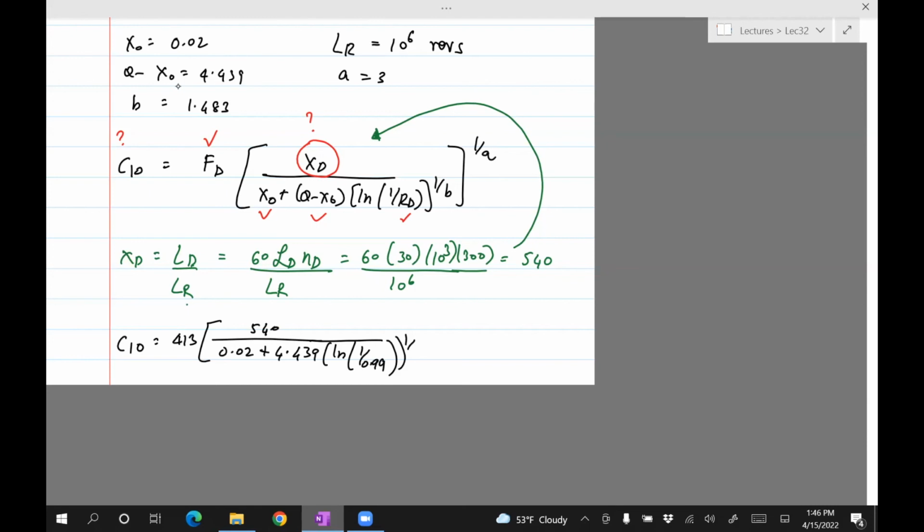B is 1.483. Then all of it raised to 1 over a. A is 3. If you do this calculation, you get C10 equals 5580 lbf.